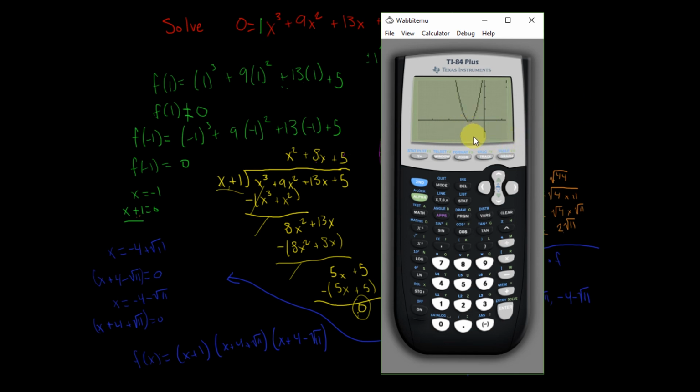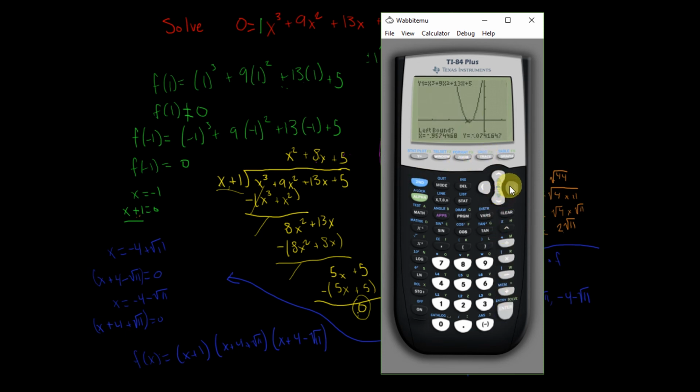Now I'm going to try to find the root on this. I'll do 0 here, a little bit to the left is right there, and a little bit to the right is right there. So it's going to make an educated guess. One of them is -1. That is correct. Now let's do another one, because there are three zeros to this one.